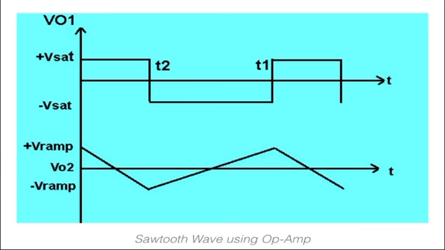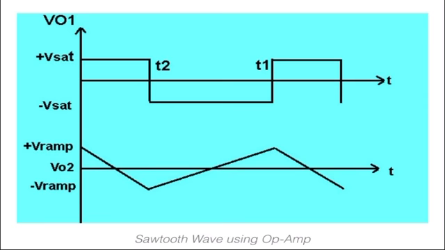When the comparator output is in positive saturation, the potential difference across R1 increases and the current through the capacitor and resistor also increases. This is due to the presence of the negative voltage at the inverting terminal. When the slope increases, the fall time decreases, and the output obtained is a sawtooth waveform.